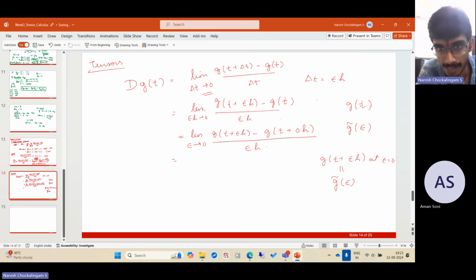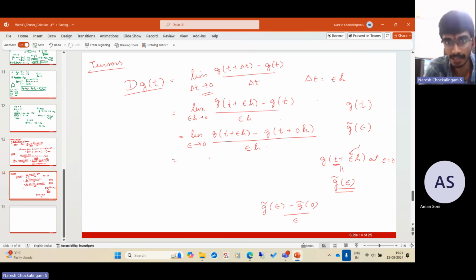So for a given t and h, this quantity is a function only of epsilon. If you fix t, the point at which you're finding the derivative of g of t, this is a function only of epsilon. So I can do this process. You can define another function which depends only on epsilon. And by definition, what is this? It is nothing but g tilde of epsilon minus g tilde of 0 divided by epsilon.